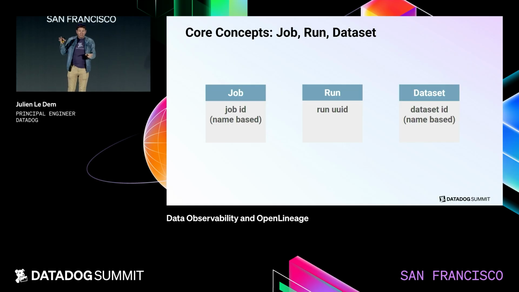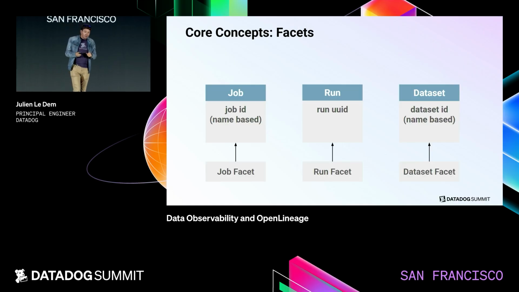And it reads and writes to data sets. Data sets are also identified with a unique identifier. One of the key elements of the OpenLineage spec is standardizing how we identify data sets across data transformation frameworks in a way that we can reconnect and stitch the lineage back together.